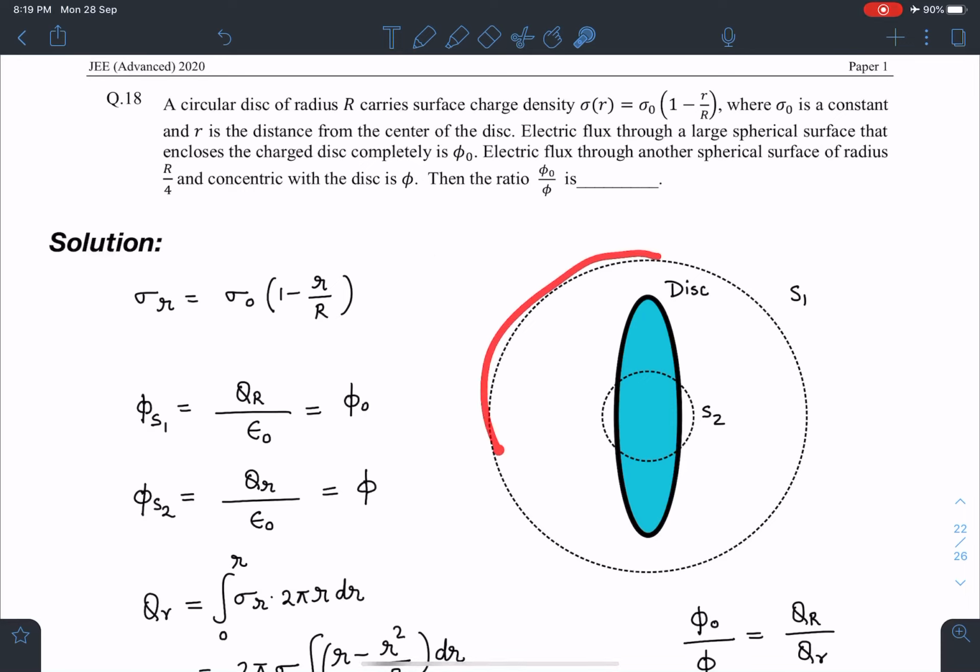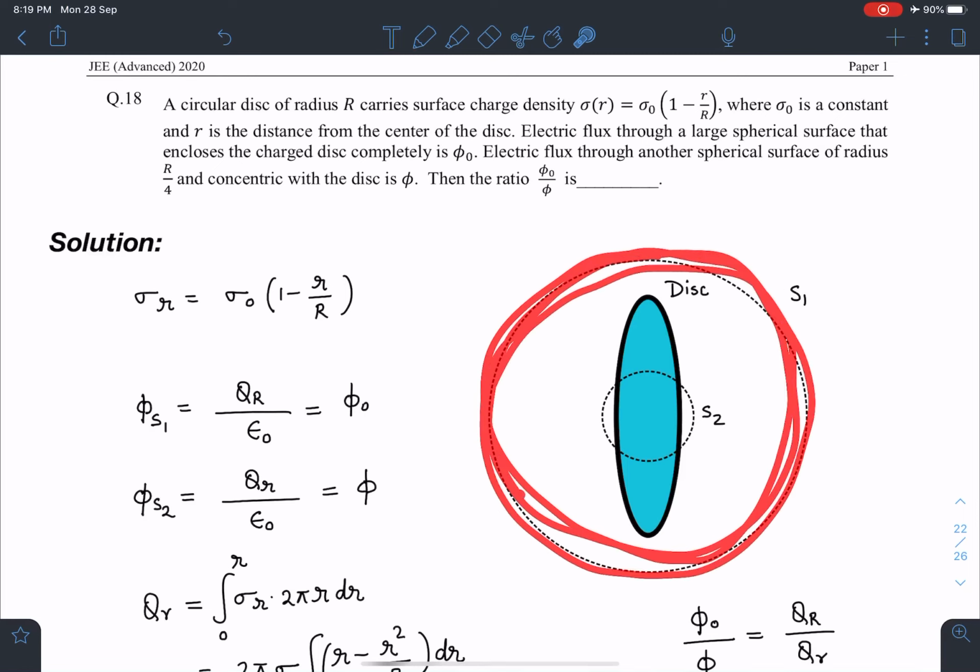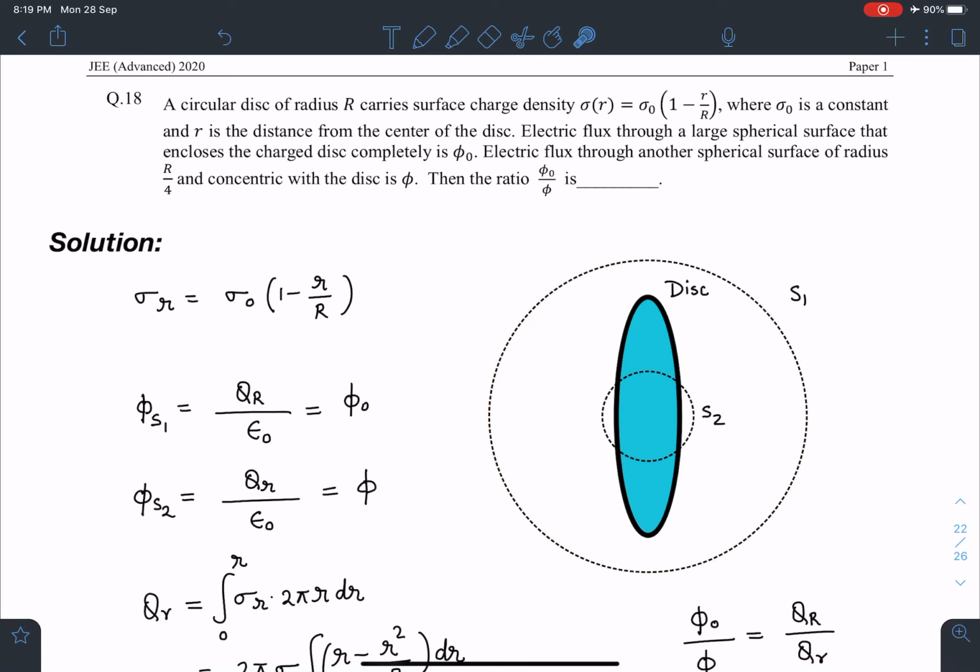So when the sphere is larger, I can simply say the total charge Q by epsilon naught is my flux through sphere 1, which is phi naught. So up to radius R, whatever total charge is present in the disk, divided by epsilon naught. Similarly, this S2 is of radius R by 4, so its flux will be Qr by epsilon naught. Here somehow I have to find this Qr.